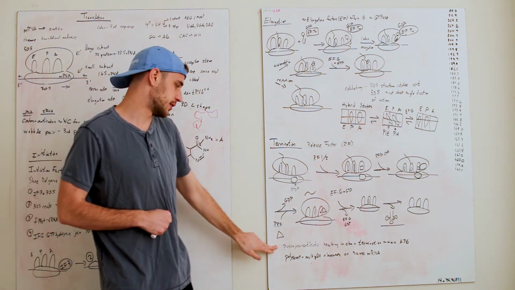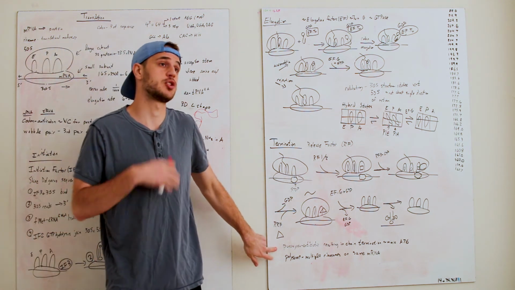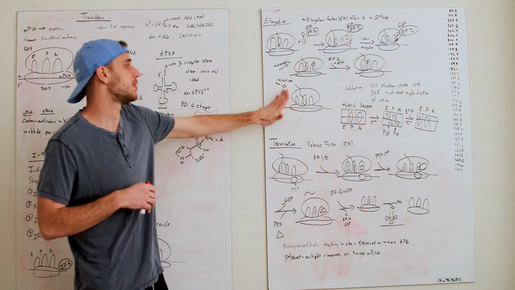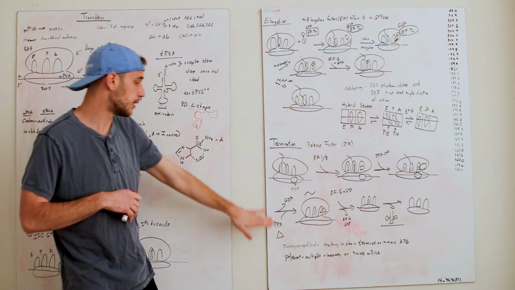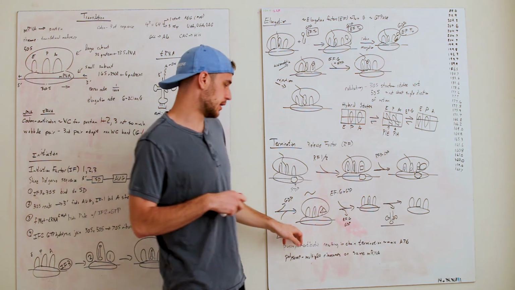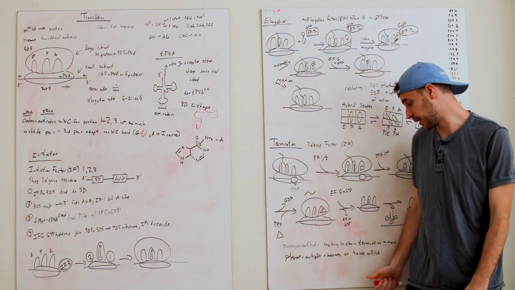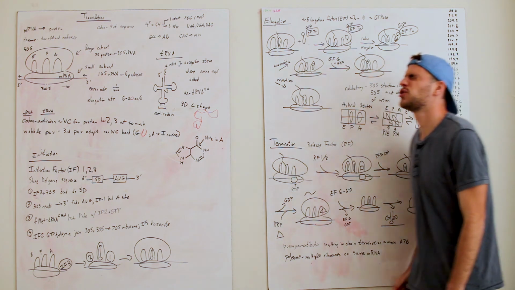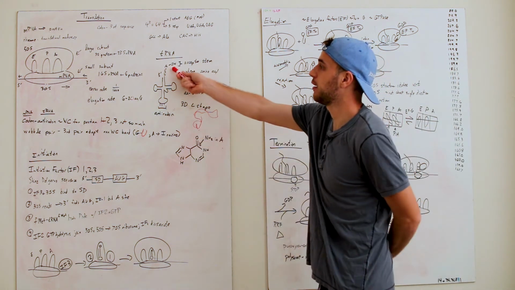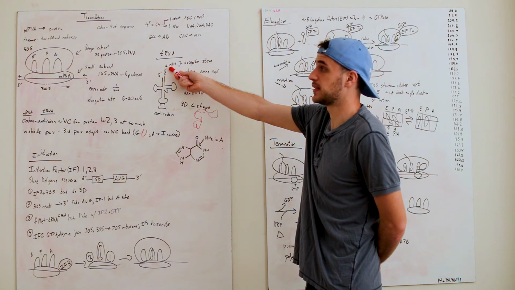Now, puromycin. Puromycin is an antibiotic that is used extensively in work with ribosomes. This antibiotic results in premature chain termination by mimicking adenine 76. So right here, this A is adenine 76.